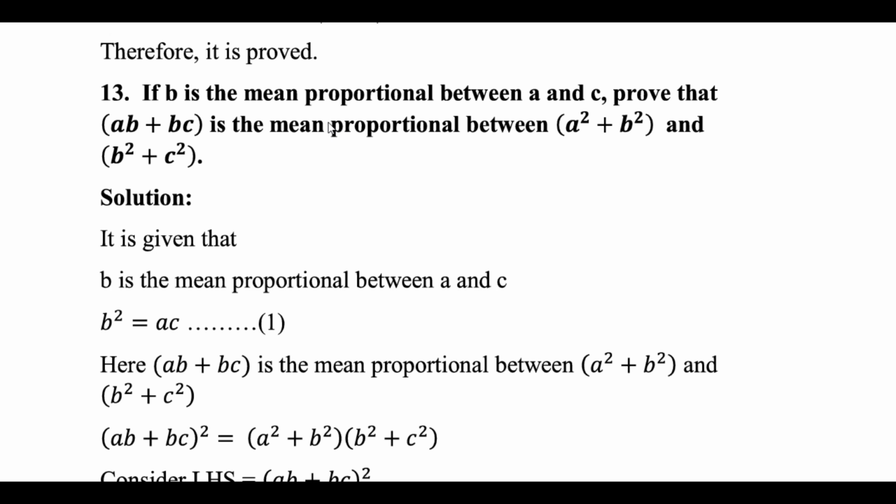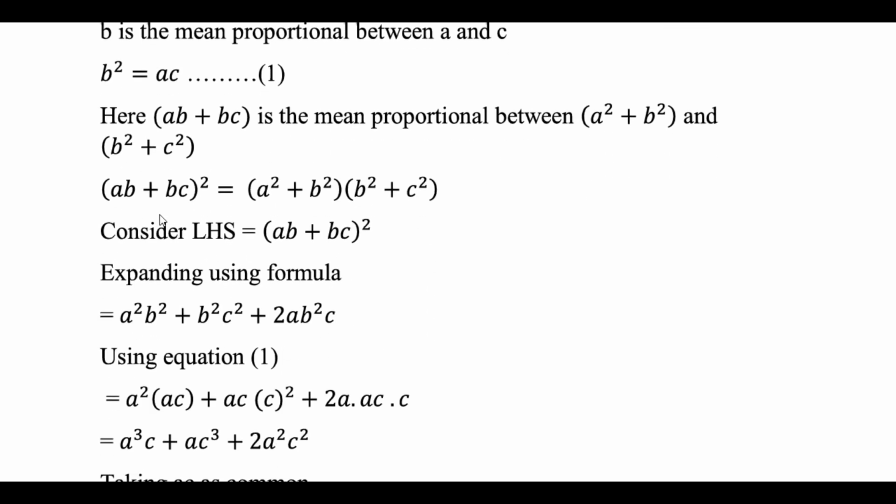So it is given that B is the mean proportional between A and C. So B square is equal to AC. Write equation 1. Here AB plus BC is the mean proportional between A square plus B square and B square plus C square. So we can write (AB plus BC) square is equal to (A square plus B square) into (B square plus C square).